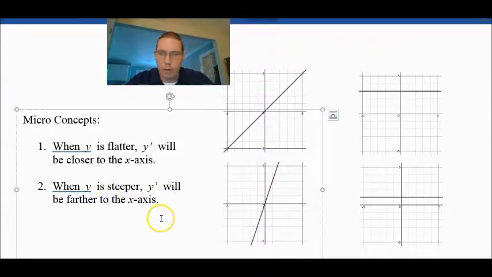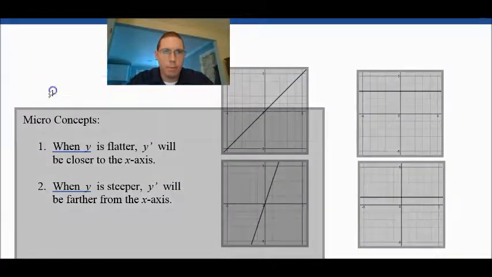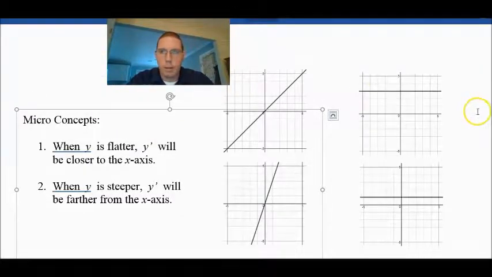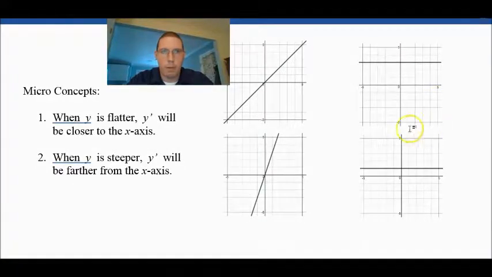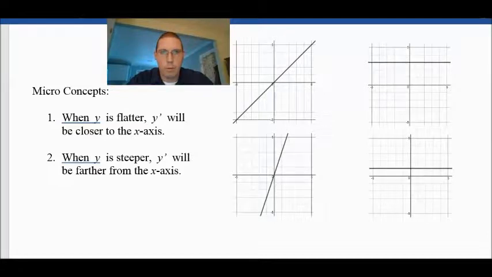Let's see if I can fix that. Farther from the x-axis. Okay, that's better. Whoops, sorry about that. Slide this over a second. There we go. All right, so when y is steeper, y prime will be farther from the x-axis.